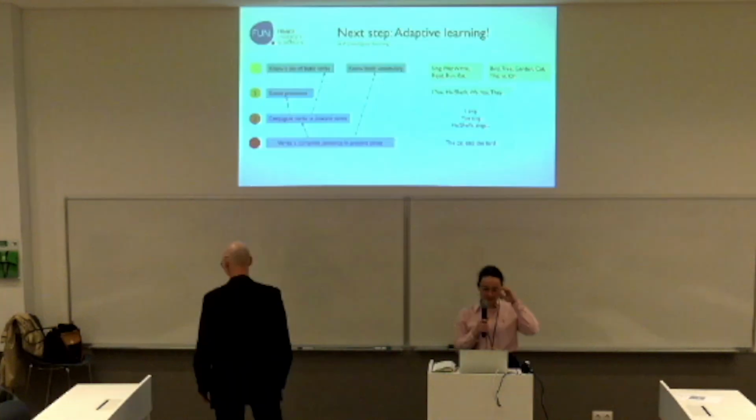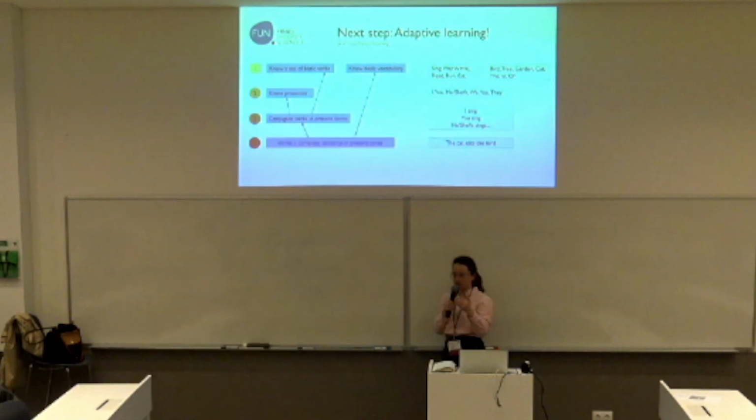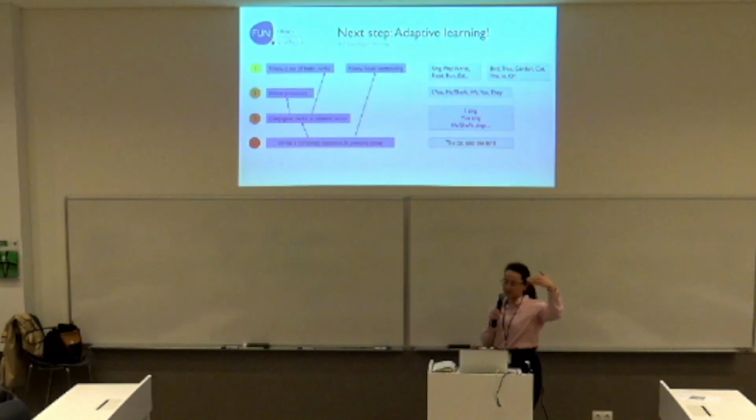So maybe I can just put the stress on an aspect I did not insist a lot on. These skills, for example, let's say Alice has to be able to make a correct sentence in English, but when she is evaluated on these skills in her learning path, we are not sure that 15 days later she will still be able to make a correct sentence.